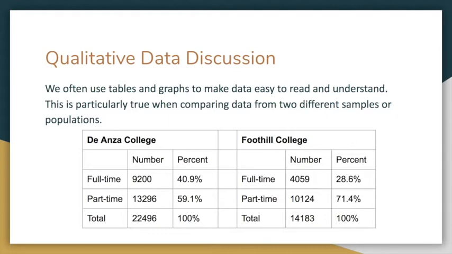So we might think that because there's a greater number at De Anza, that means the percentages are also higher at De Anza, but we can see in this table that in fact it's not. So percents and proportions are really helpful when you're dealing with populations that have different sizes, so that you can sort through what's going on in the population more reliably.